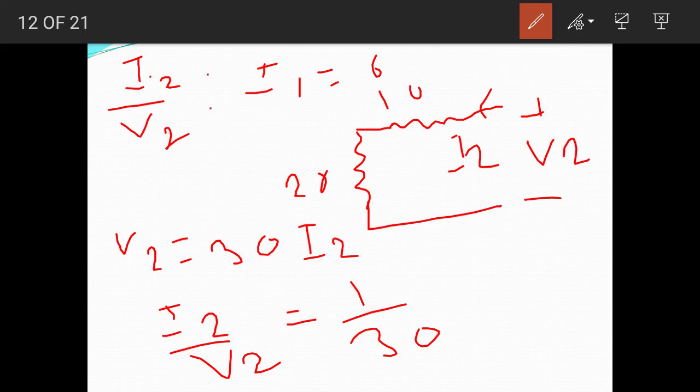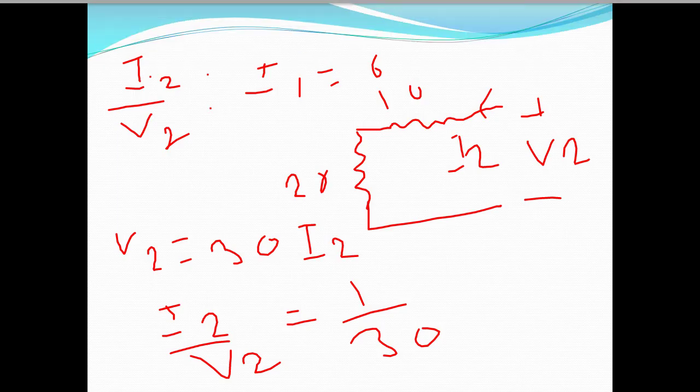So in such a manner we have found the value of H11, H12, H21 and H22.